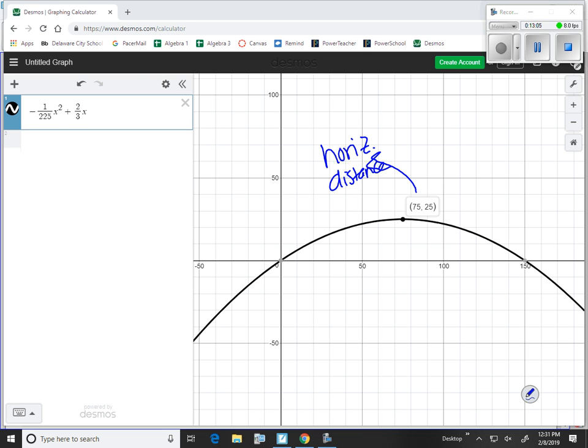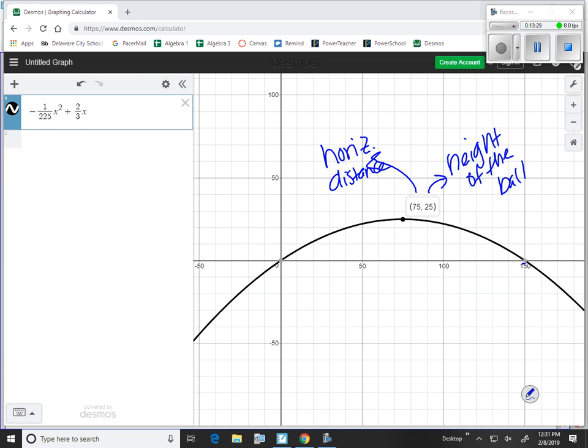Over here, it went a total of 150, when it landed on the ground. So this is when it was the highest. 25 is the height of the ball. That's how high it got in the air. You with me?